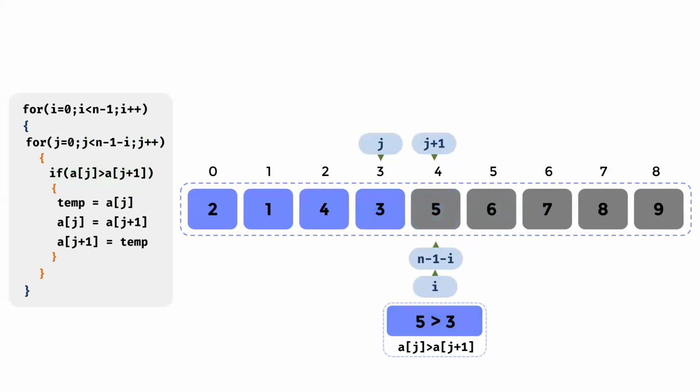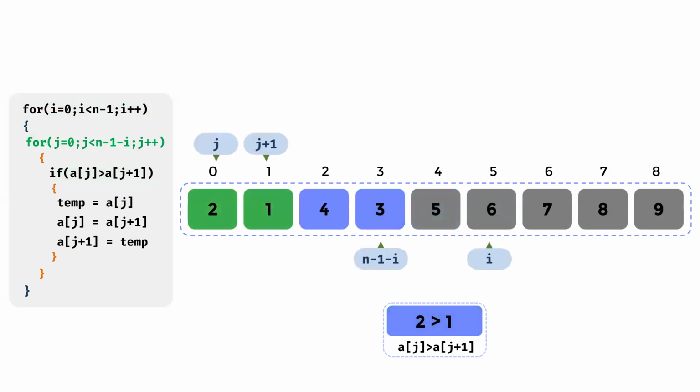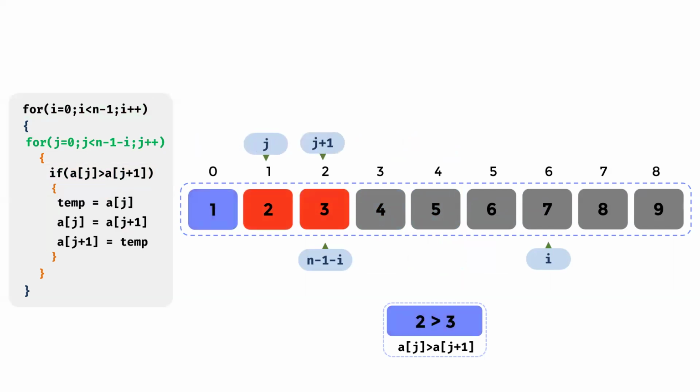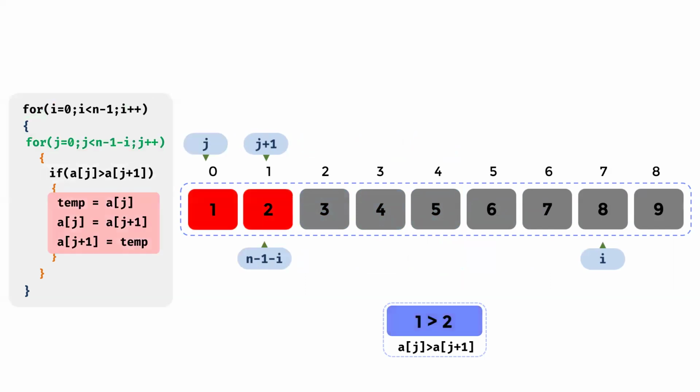This is how it happens. This keeps on happening. The procedure is the same. You start from the left side, compare two adjacent elements, and move the bigger element to the right side. Once you are done comparing everything, one element will be sorted.